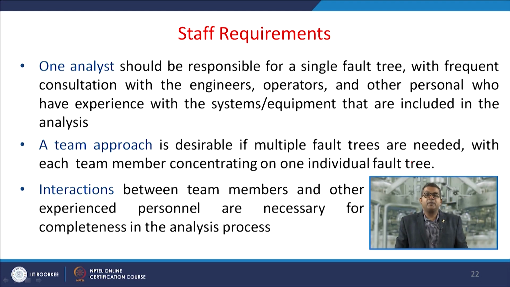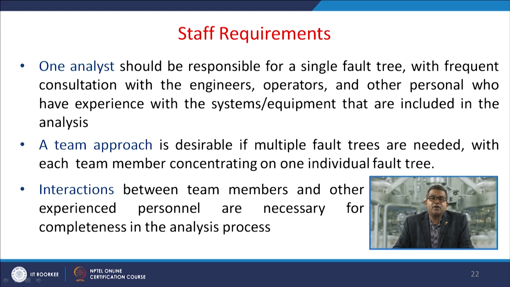The other requirements include staff requirements. Under the staff requirement, one analyst should be responsible for a single fault tree, with frequent consultation with the engineers, operators and other persons who have experience with the system or equipment involved in the process that is included in the analysis.